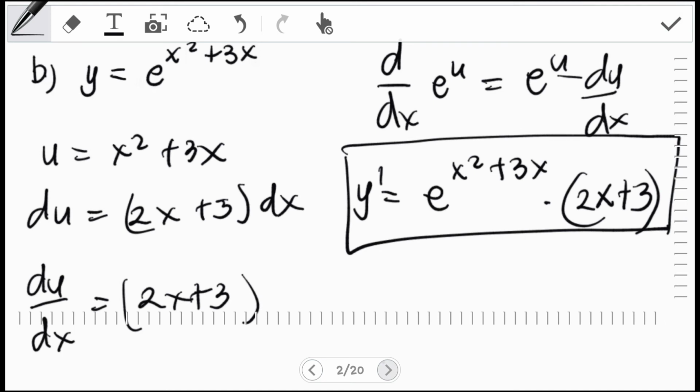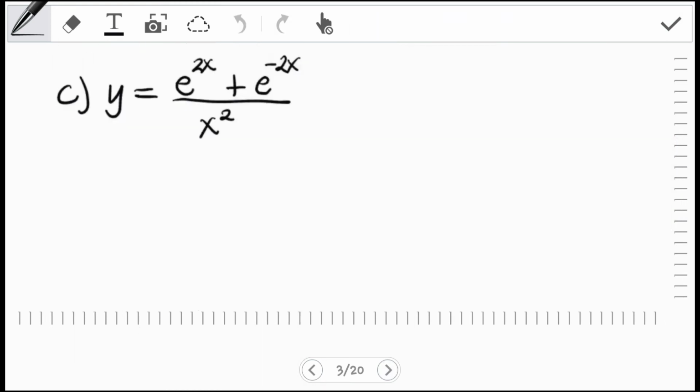Next. So y is equal to e to the power 2x plus e to the power negative 2x over x squared. So let the numerator be u and the denominator be v. Okay.